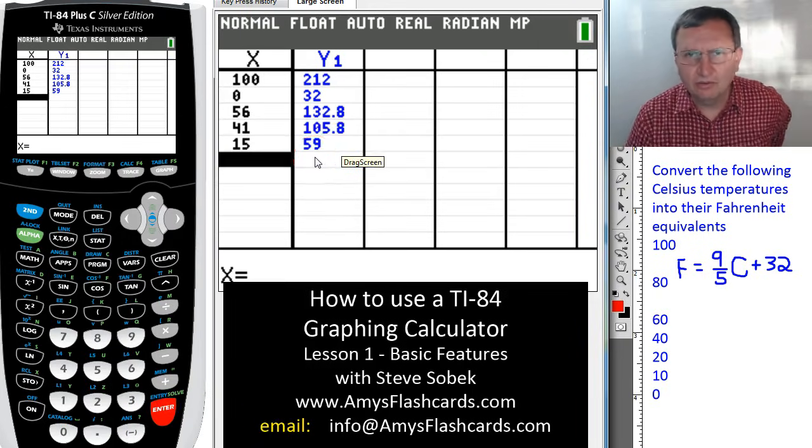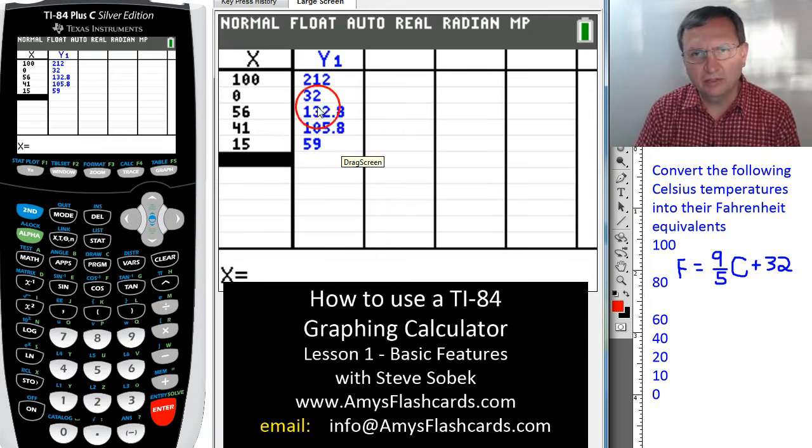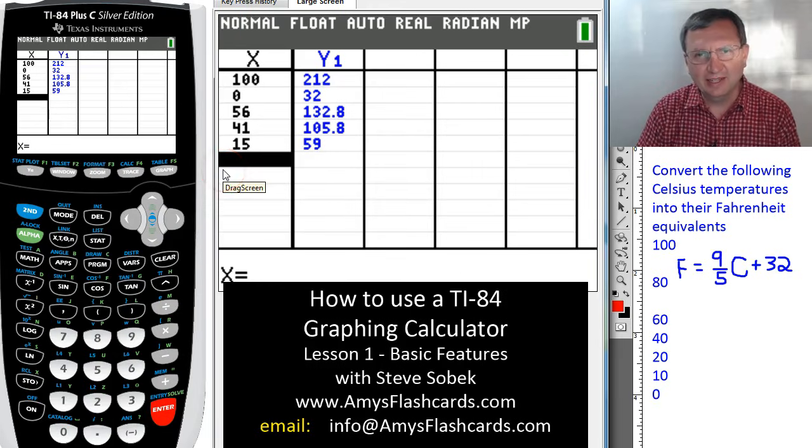It's like rapid fire machine gun evaluation of the expression with any value that you designate here in the first column. So the table is a pretty neat feature for rapid fire substitution and evaluation, and so I thought you would like that. All right, so that's the table feature.